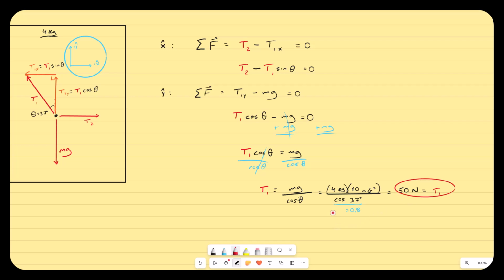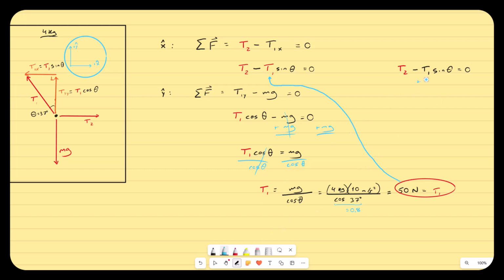Now I need to find T2. I do have, conveniently, this equation up here that'll work really well as soon as I've got T1. So this equation says T2 minus, and now I'm going to put T1 in black because I know the value, T1 sine theta equals 0.